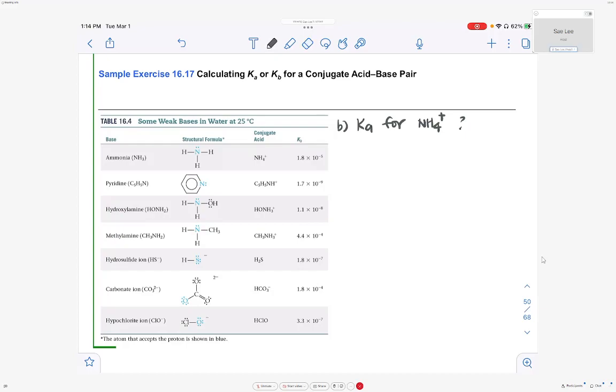Ammonium ion is the conjugate acid of ammonia. If we know Kb for ammonia, we can easily find Ka for ammonium. According to this chart, 16.4, ammonia has a Kb value of 1.8 times 10 to the negative 5.